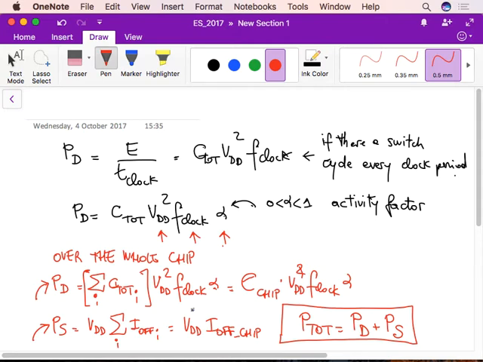So the scaling, the reduction of the size of the transistor, has been extremely important, because it has been the only thing that has allowed us to improve the performance while at the same time reducing the power consumption.